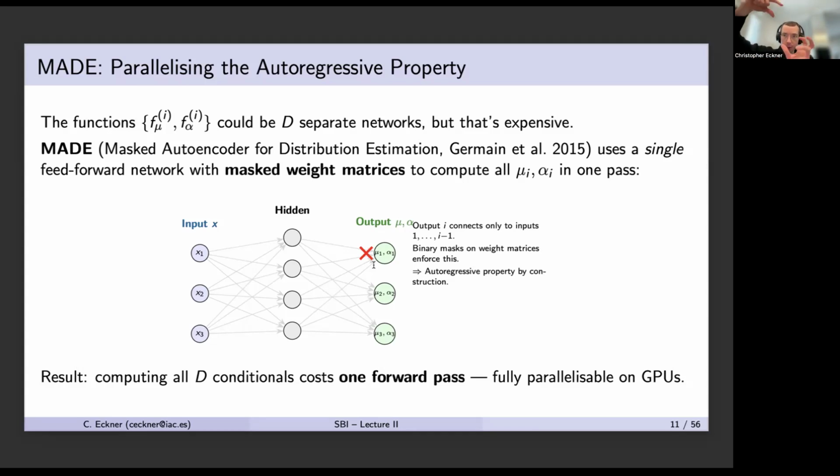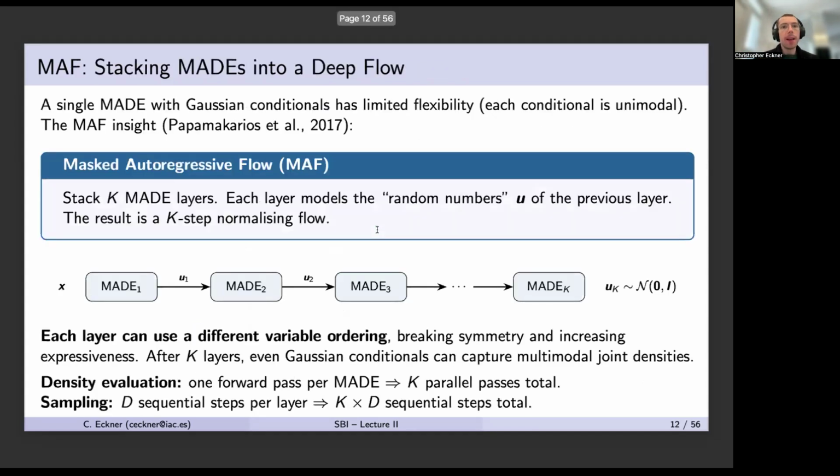In this way, you can compute this full chain of parameters in one go without having to do it in a for loop or whatever. So this is making it parallelizable on GPUs. Not so important, it's very technical, but just so that you've heard about it.